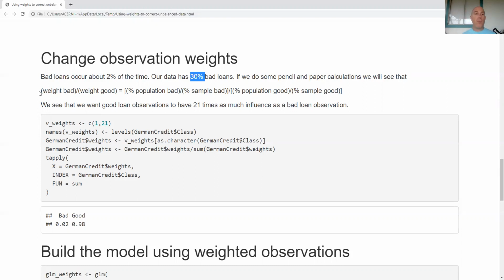If we do a little bit of college algebra, we can work out that the ratio of the bad to good weights will be equal to the ratio of percent population bad divided by percent sample bad, divided by the ratio of percent population good over percent of the sample that's good. So this ratio matches up to the bad weight, and this ratio matches up to the good weight.